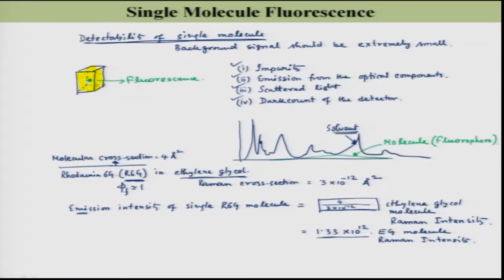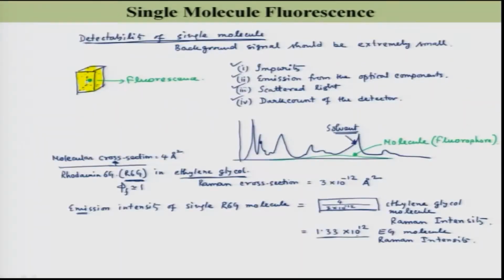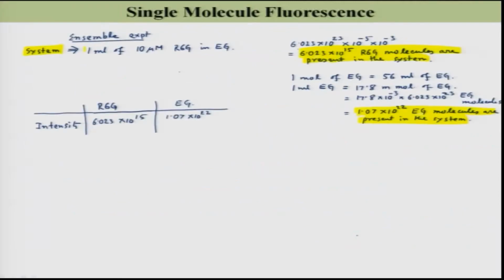So, I should divide this number by 1.33 into 10 to the power 12, that means it will be comparable to 1 rhodamine 6G molecule, right. So, this divided by 1.33 into 10 to the power 12. So, then this is going to be 0.8 into 10 to the power 10.